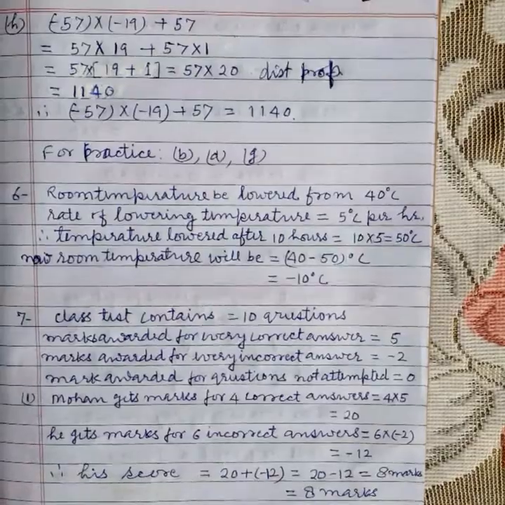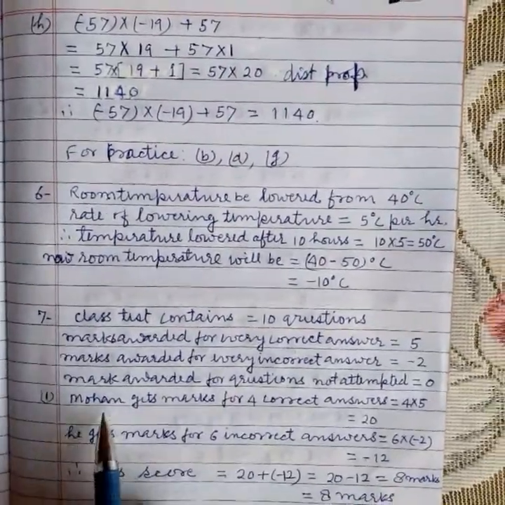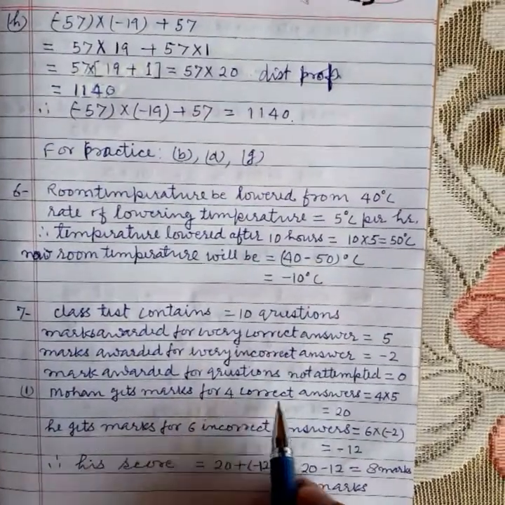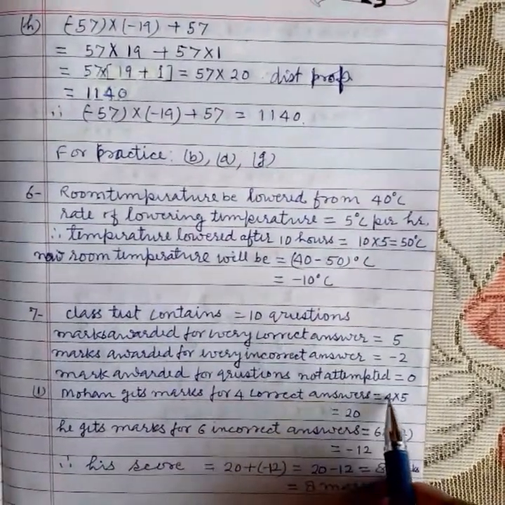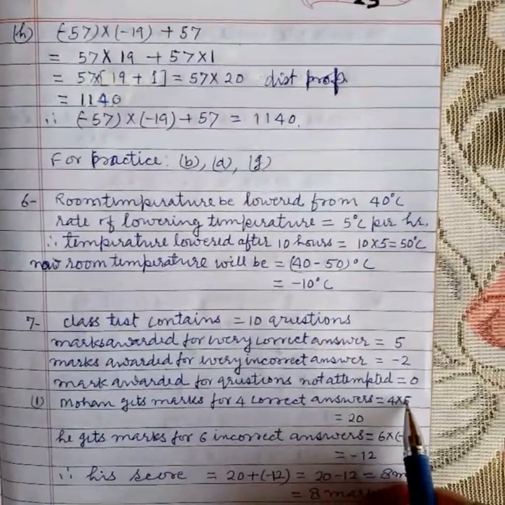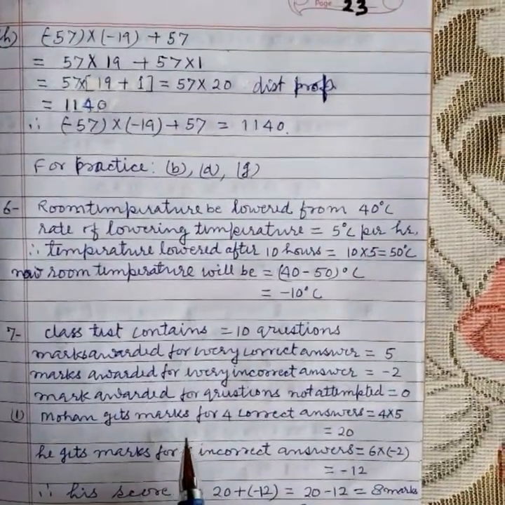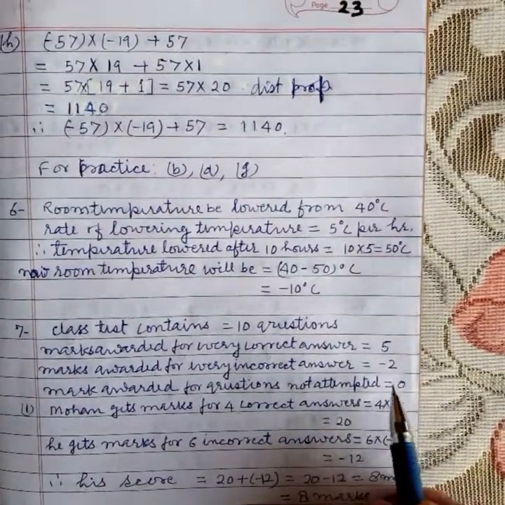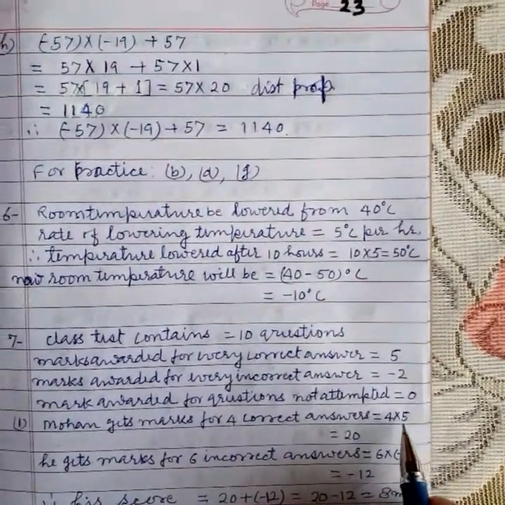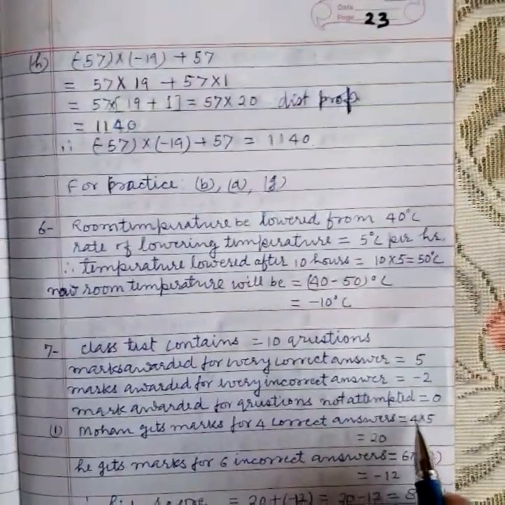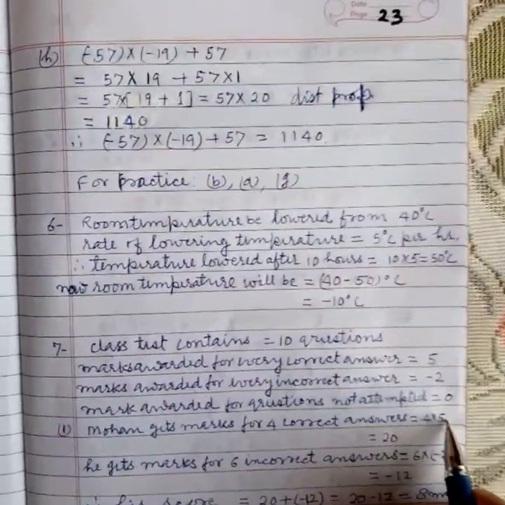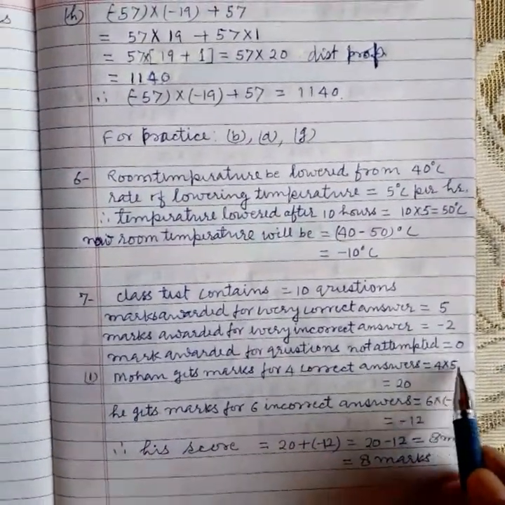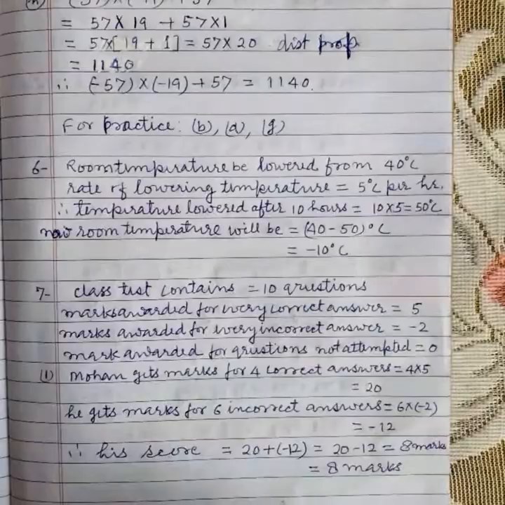In the first part, Mohan gets marks for 4 correct answers equal to 4 into 5, because Mohan is attempting 4 questions, and for 1 question 5 marks will be awarded. So 4 into 5 is equal to 20.